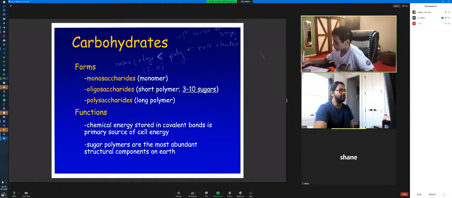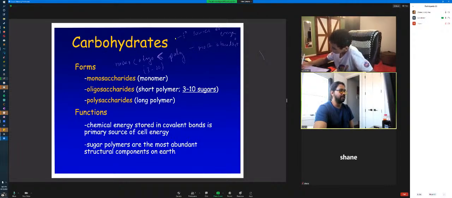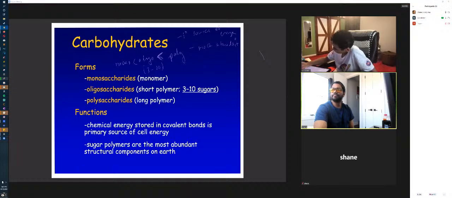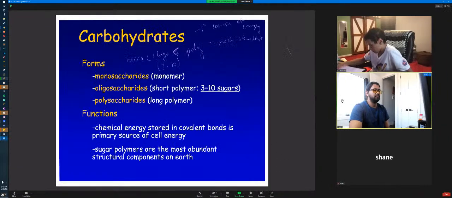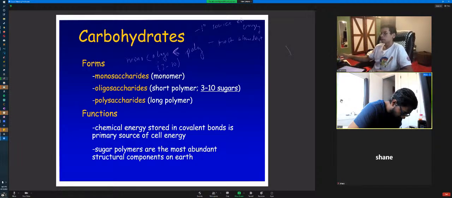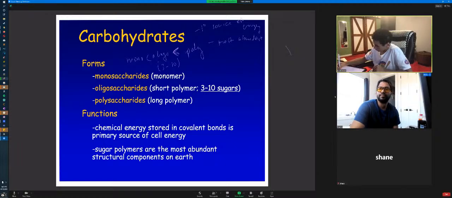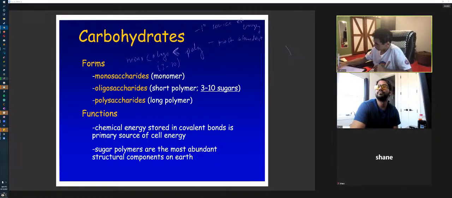I would put two bullet points: primary source of energy for the cell, and it's the most abundant as well. Most abundant structure. There you go.